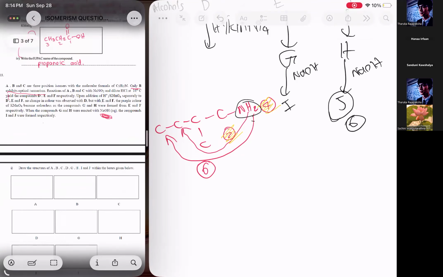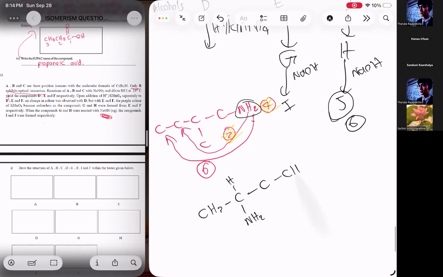There is no method to distinguish between 4 and 7, right? Because 4 is an optical isomer, that's clearly visible. 7 is also an optical isomer. You can see CH3, C, NH2, hydrogen, carbon, carbon, CH3, CH3.